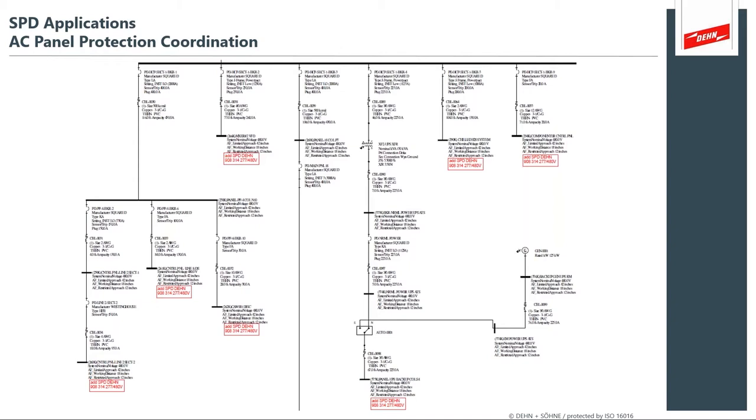And it's important to coordinate these with downstream AC power protection devices that are near the point of use. And this is often associated with things like transfer switches where you have a backup generator. And you want to make sure that your surge protection devices are as close as possible to the victim equipment. And this is what we mean by coordination.